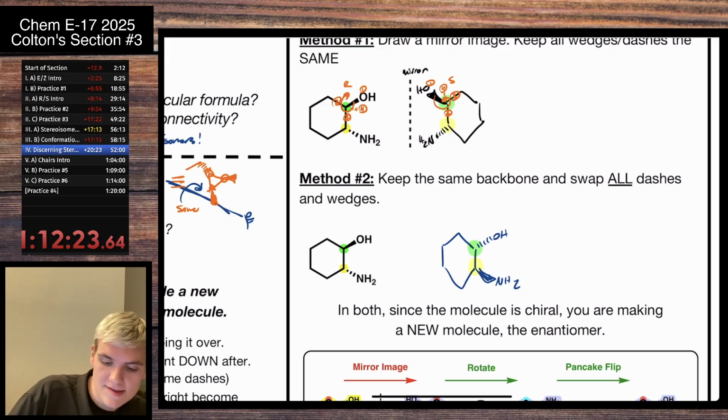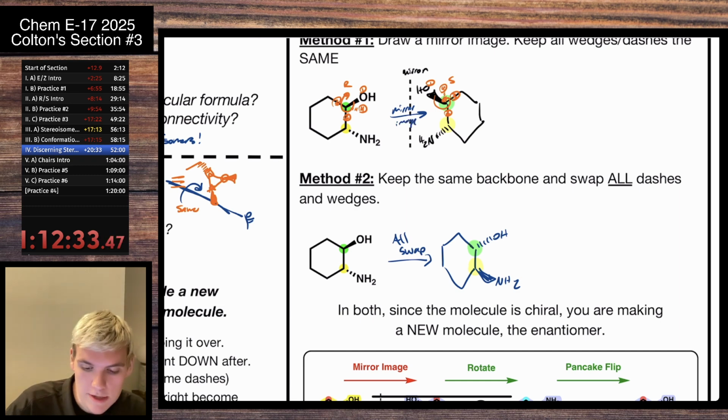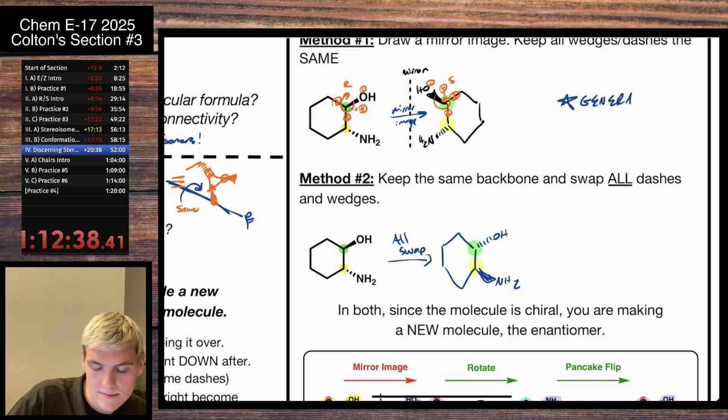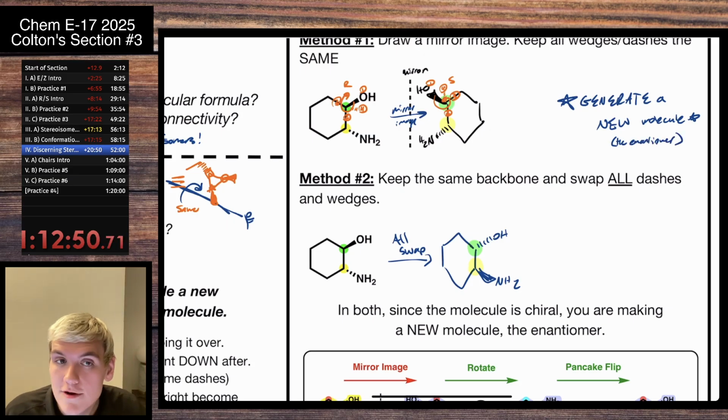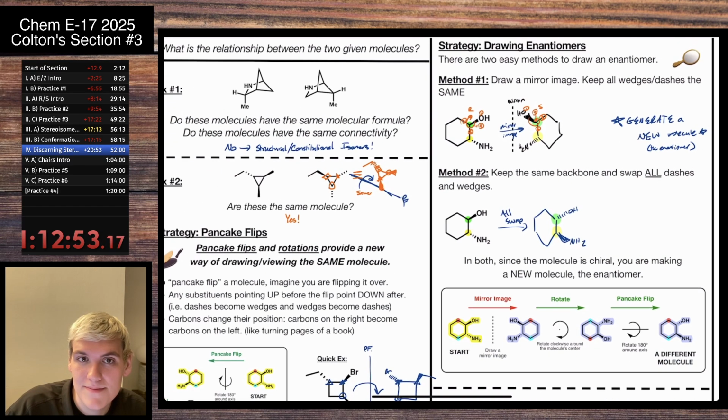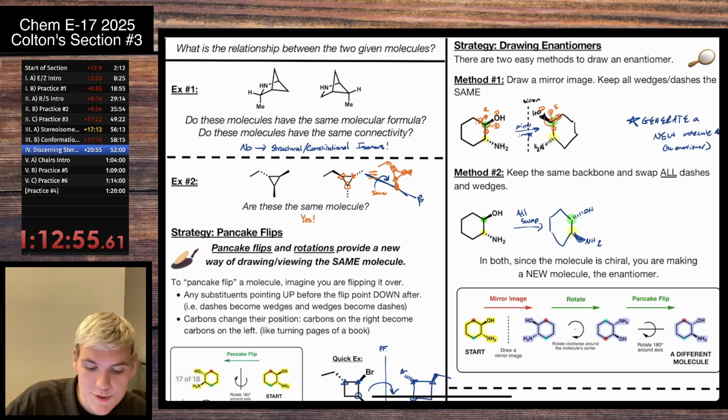Both of these processes, the all swap and the mirror image, generate a new molecule. And I'm going to write this out in all caps. And that new molecule that we generate is the enantiomer. Versus the pancake flip just provides a new way of drawing the same molecule.